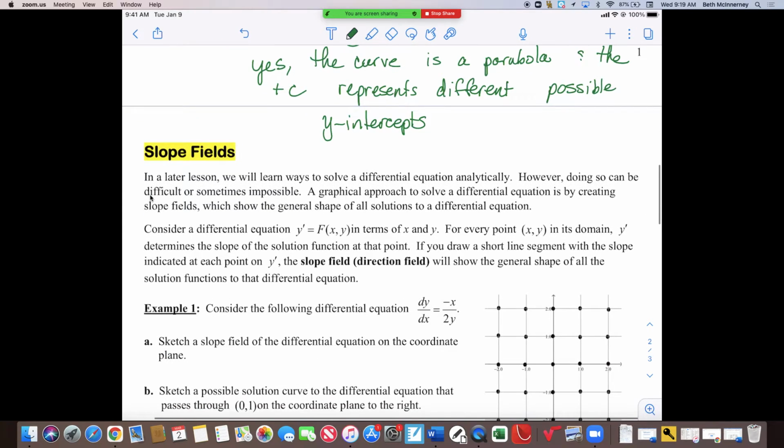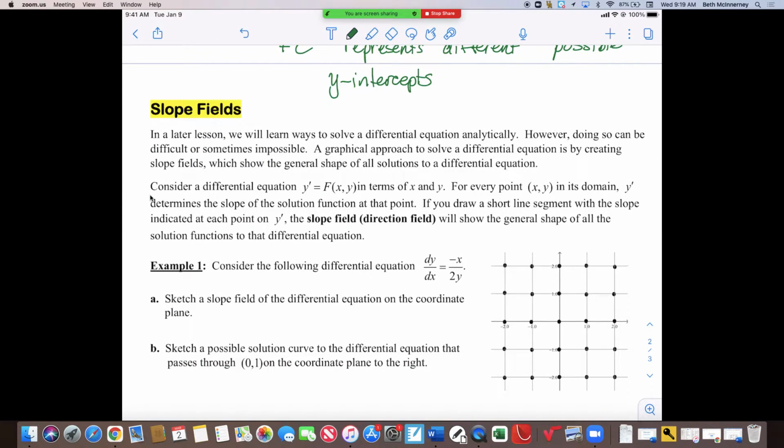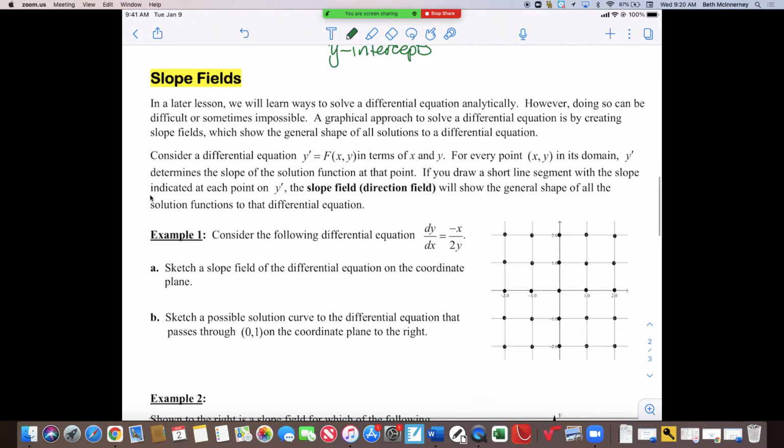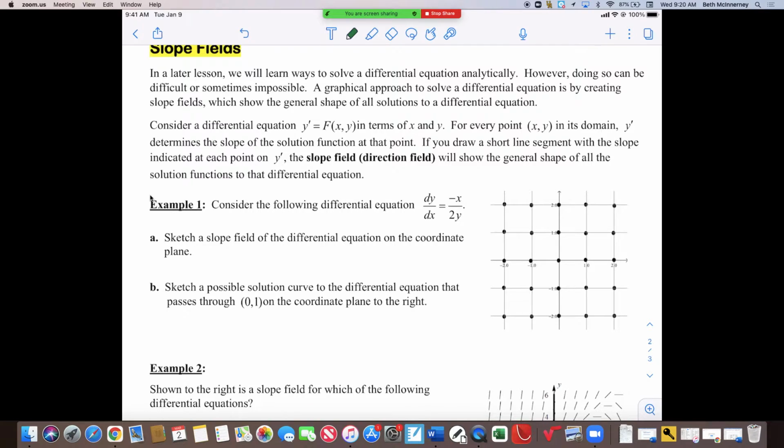So let's look at example 1. If I have the differential equation dy/dx equals negative x over 2y, and we want to sketch the slope field. All right, I do tend to do these in my head, but we'll write some of them out. Do you notice that y cannot be 0, correct?